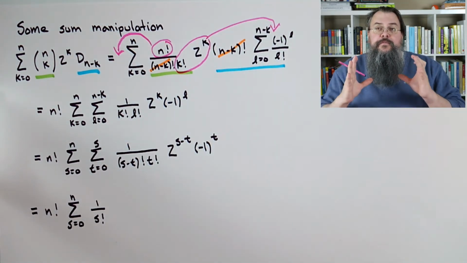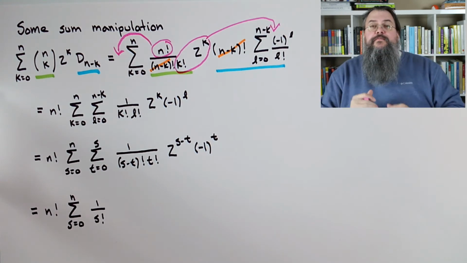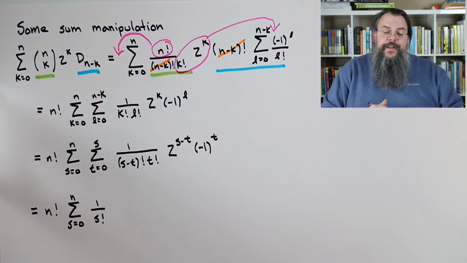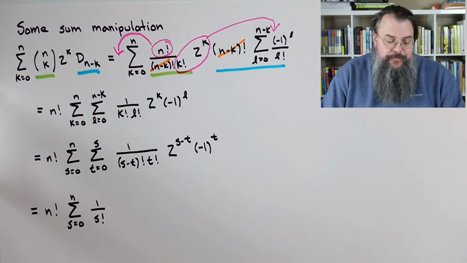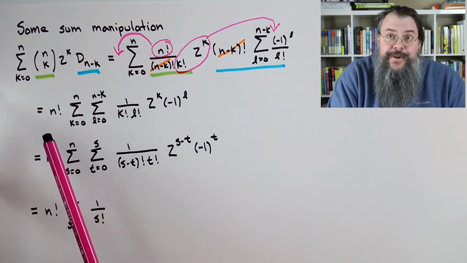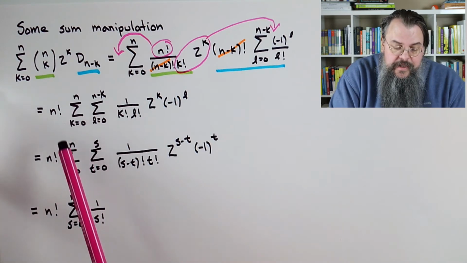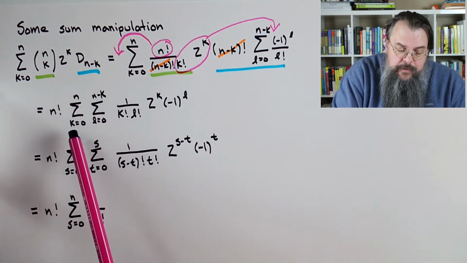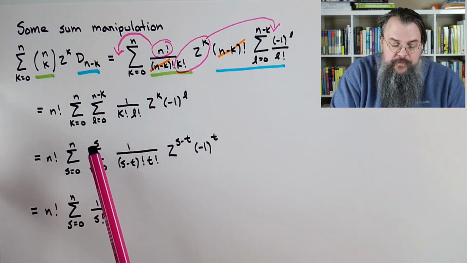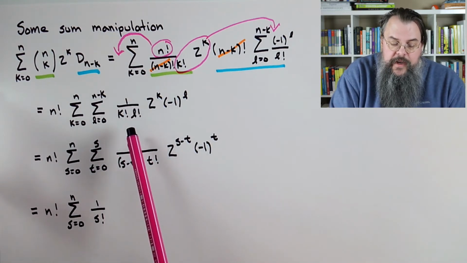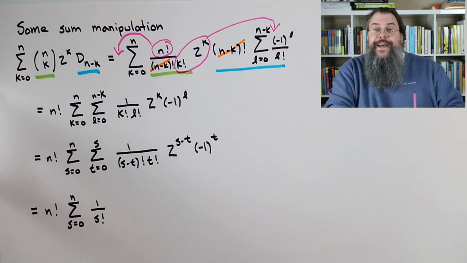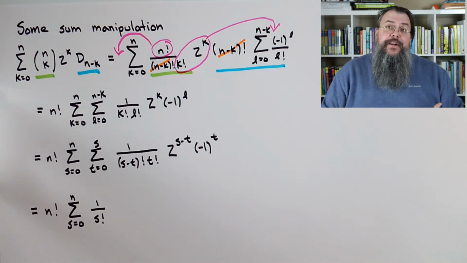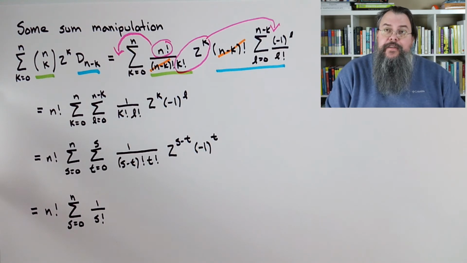In other words, we can put our two sum symbols next to each other. So doing some cancellation and moving things around, we now have n factorial times the sum from 0 to n, sum from 0 to n minus k, and we have different indexes here, so it's a double sum, of 1 over k factorial times L factorial, 2 to the k, minus 1 to the L. That's interesting, it feels a little bit nicer.